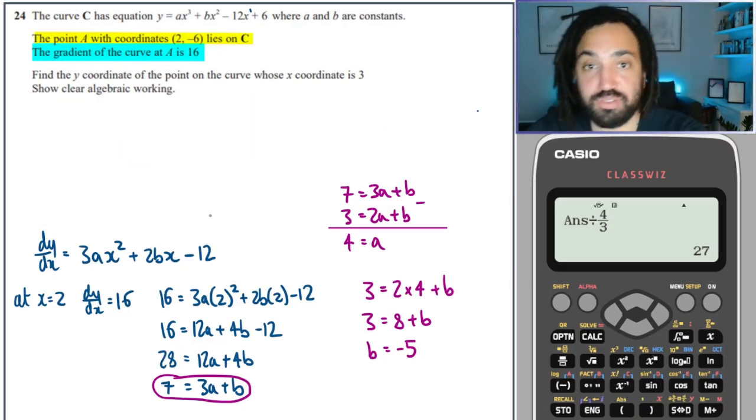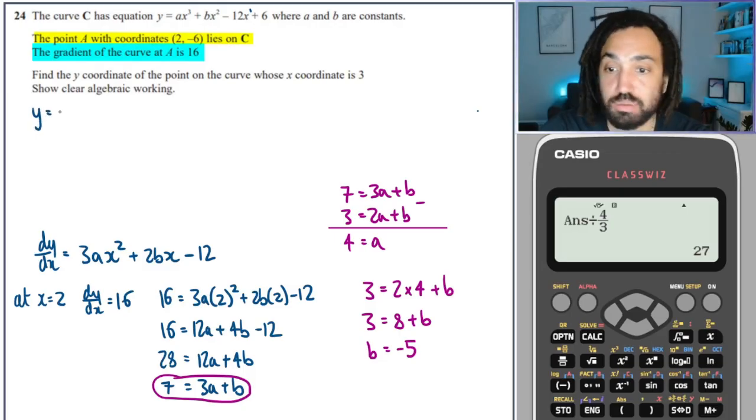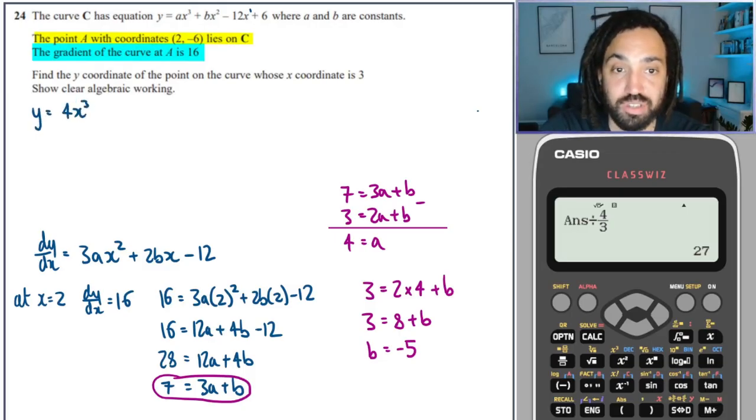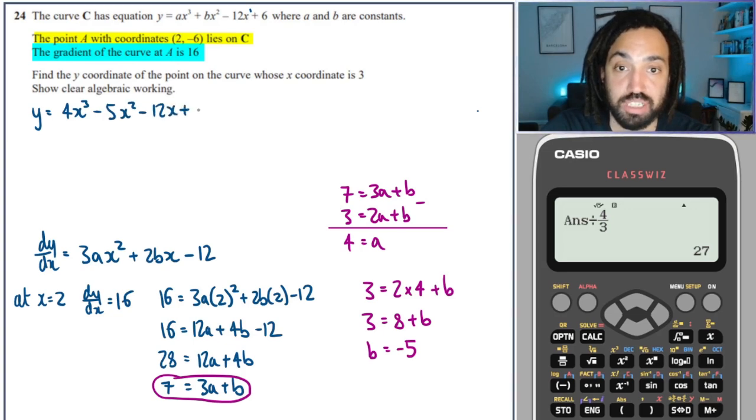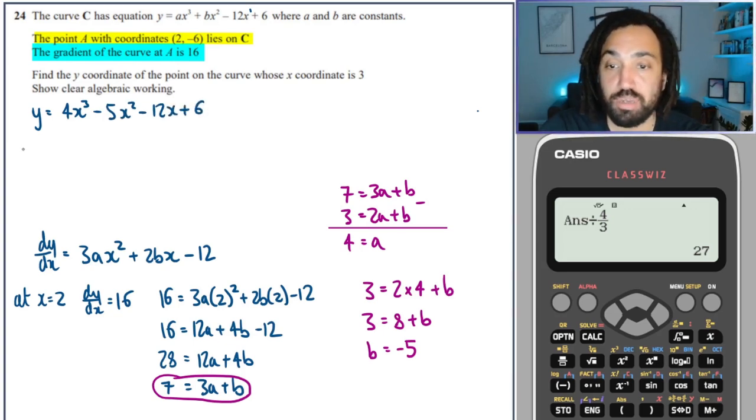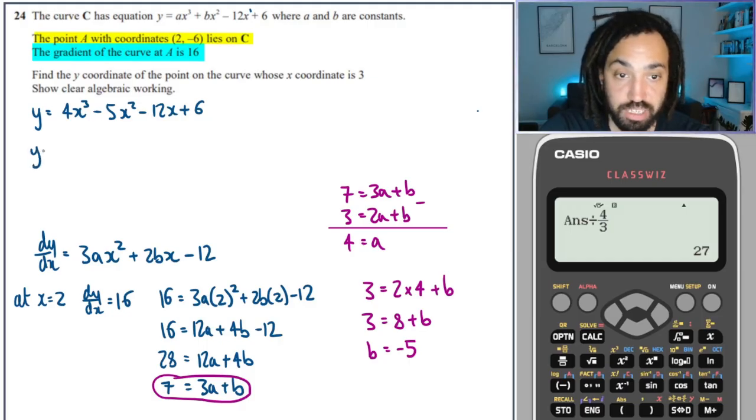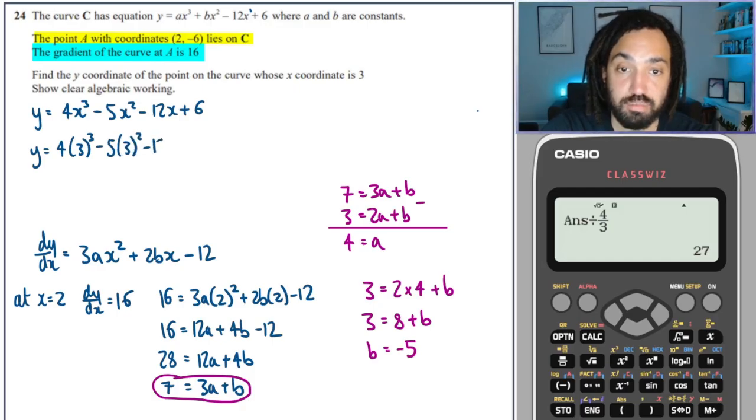Okay, a is 4, so our equation is y is equal to 4x cubed plus b is minus 5, so minus 5x squared minus 12x plus 6. And now we are subbing in x is 3. So y is equal to 4 times 3 cubed minus 5 times 3 squared minus 12 times 3 plus 6.